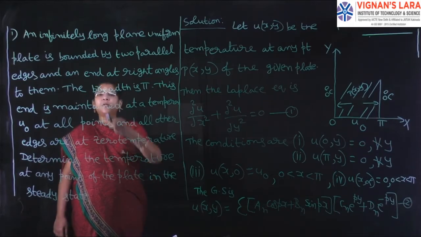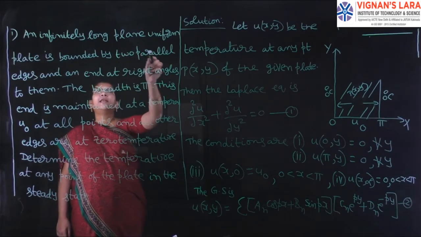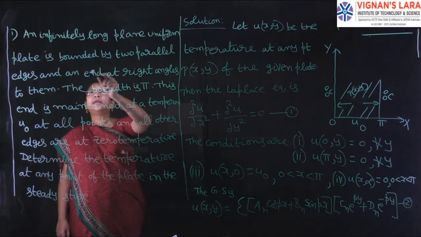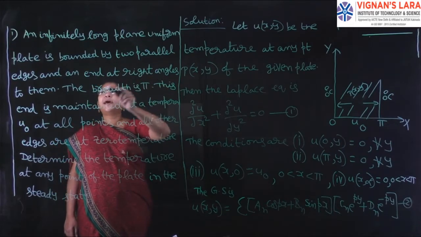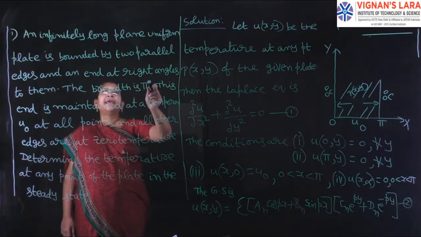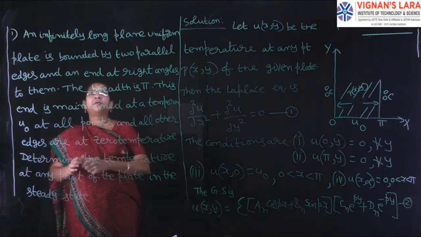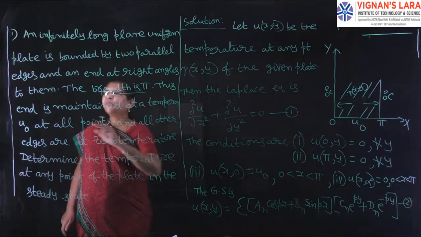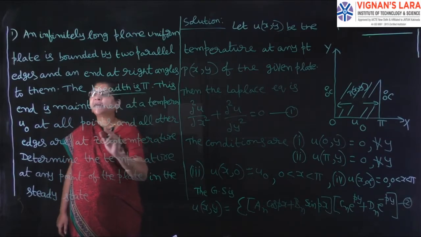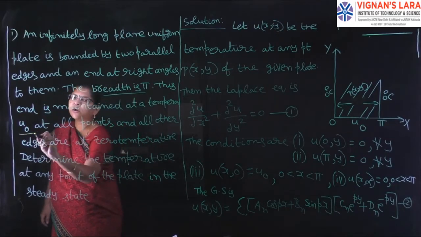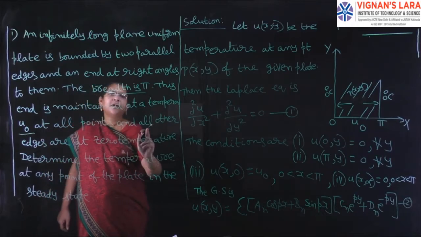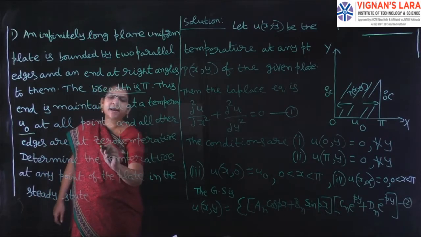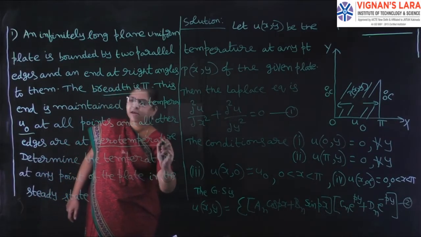What is the problem? An infinitely long plane uniform plate is bounded by two parallel edges and an end at right angles to them. The breadth is pi. This end is maintained at a temperature U0 at all points and all other edges are at 0 temperature.